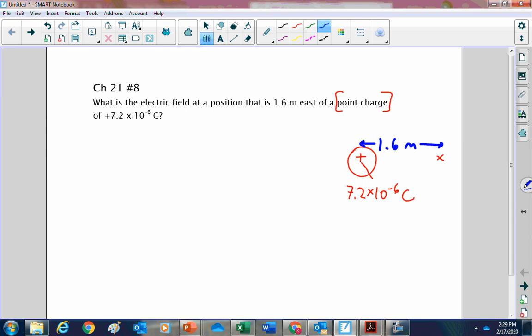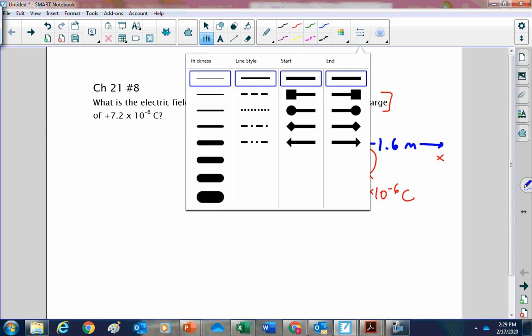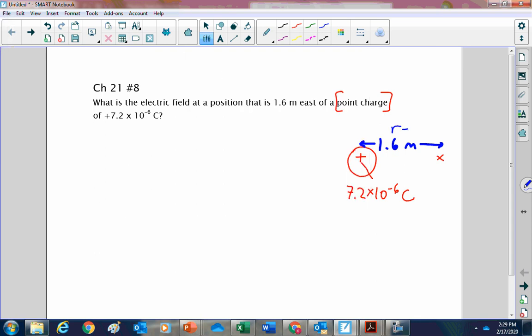Okay, so when you write that out, well, we kind of already did, but let's just write R equals 1.6 meters. Although some of the equations on your sheet are going to switch to D later on, we're still sticking with R for this equation. So we're using a new equation now.